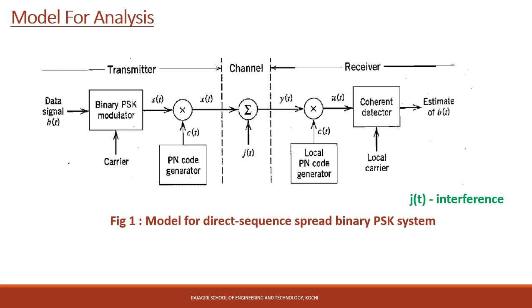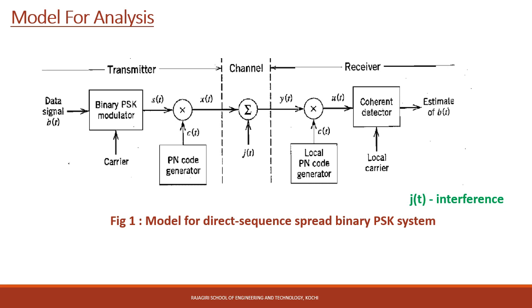When the signal X of t is transmitted through the channel, we assume that we have a jammer which produces a jamming signal J of t, and this J of t acts as an interference to the transmitted signal X of t. These two signals get added in the channel, and at the receiver side we have the received signal Y of t.